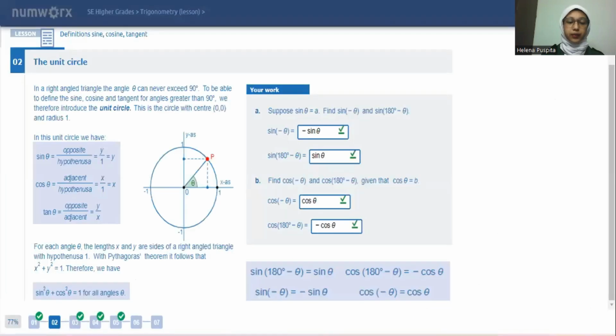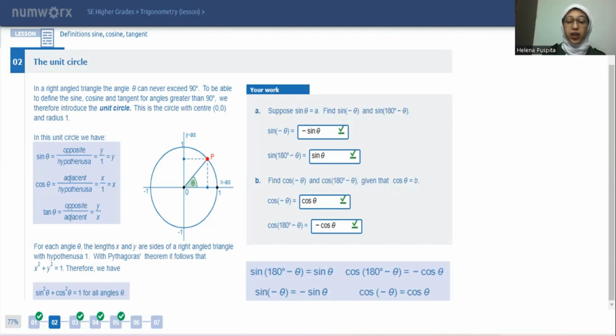Number 2. In a right angle triangle, the angle theta can never exceed 90 degrees. To be able to define the sine, cosine, and tangent for angles greater than 90 degrees, we therefore introduce the unit circle.